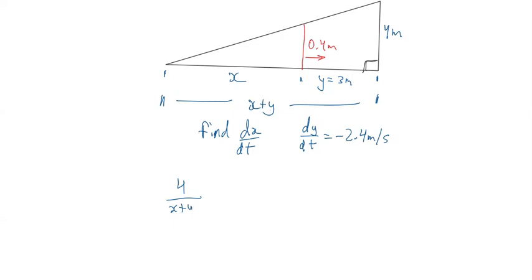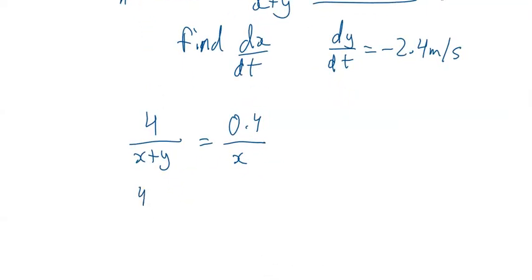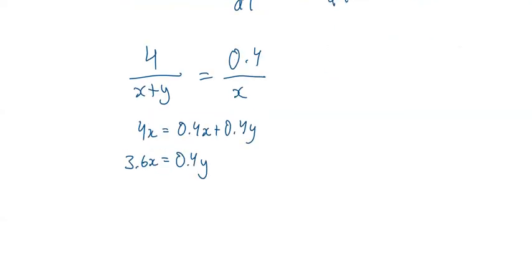And the derivative couldn't be easier. Therefore, the shadow is shrinking or decreasing.